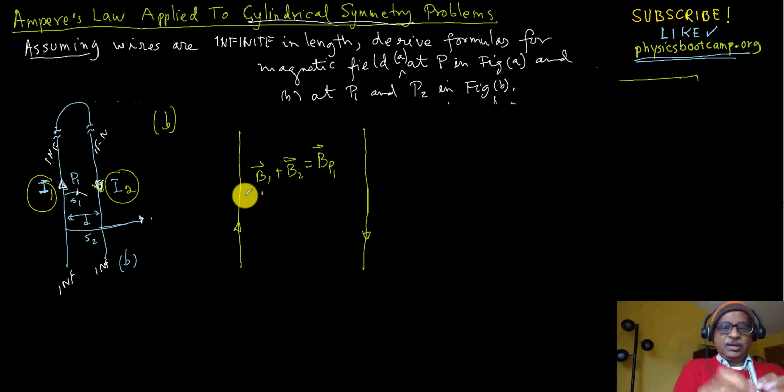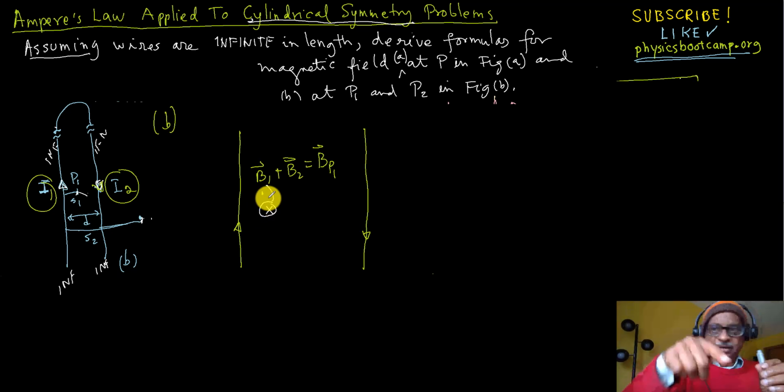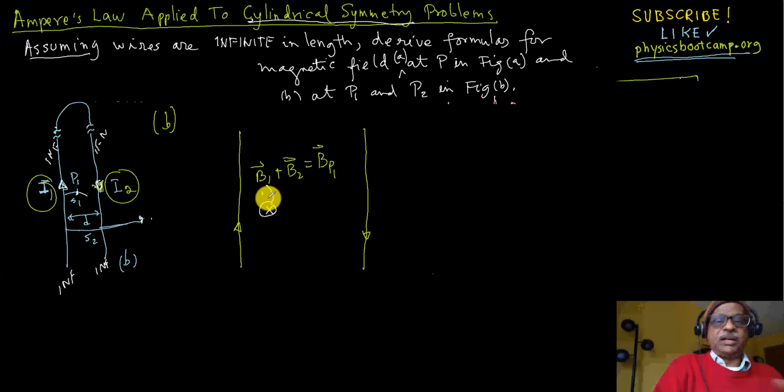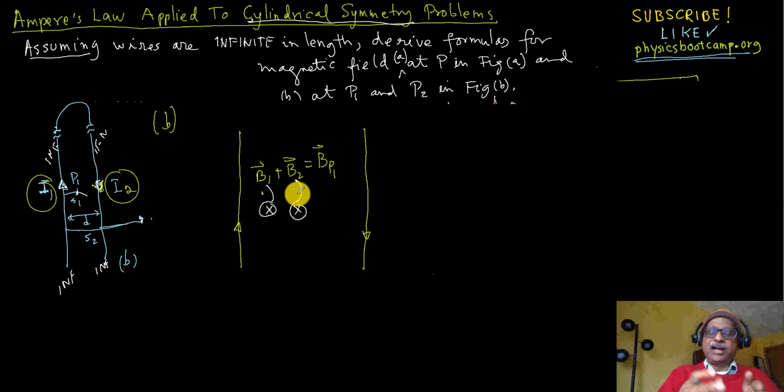I use the right-hand rule. So B1 has a direction into the board, like the back of the arrow going back, right? And this one is also going back, and this also going back. So they are going to add vectorially, and their magnitudes will also add.